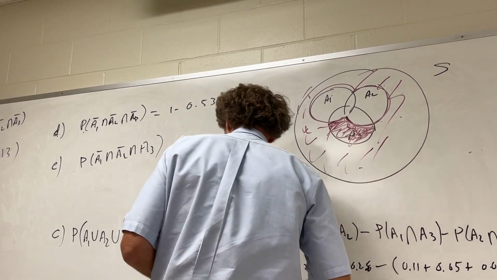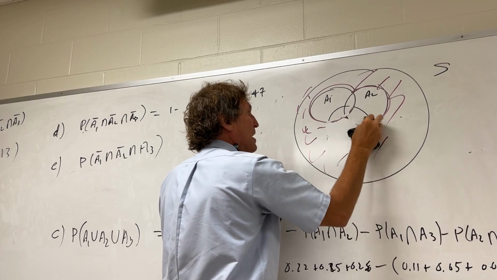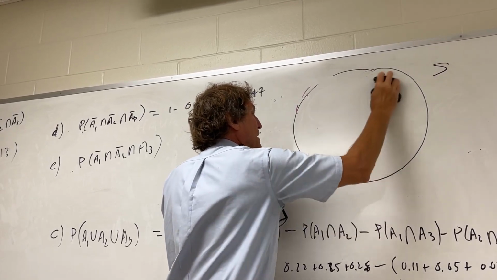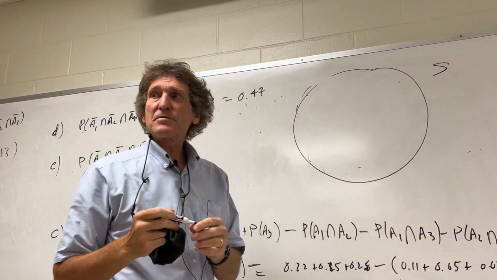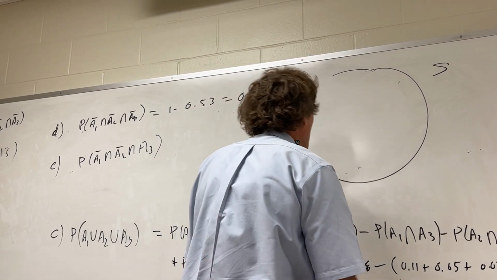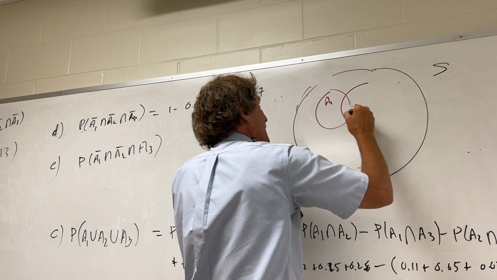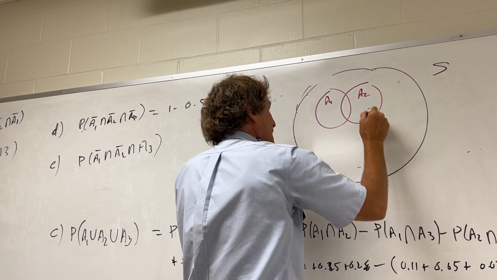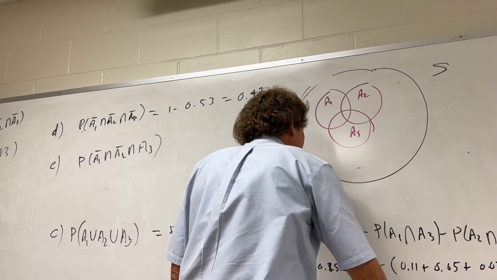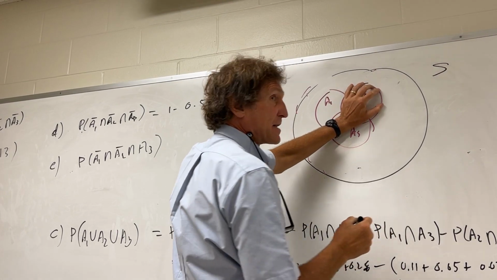So, pardon me. I got that drawn wrong. I didn't mean to mess it. Let me just erase this thing. You'll see. Does he give you those Venn diagram pictures in the back? No, sir. All right. Here. Not A1 or A2, outside of that and outside of this, right?